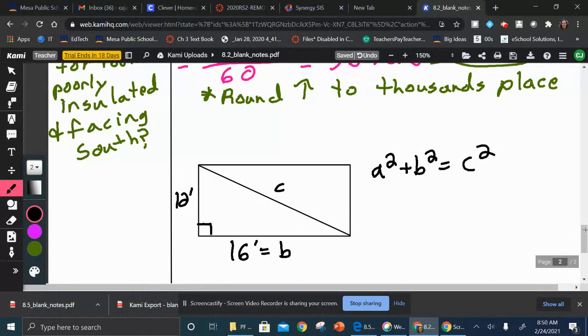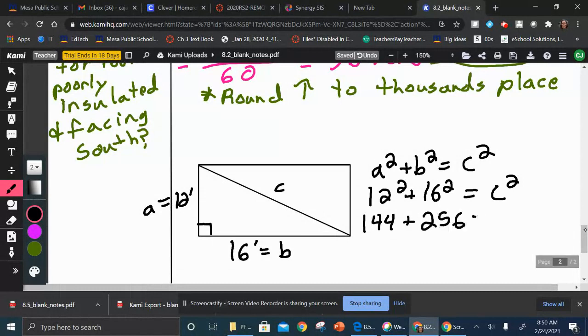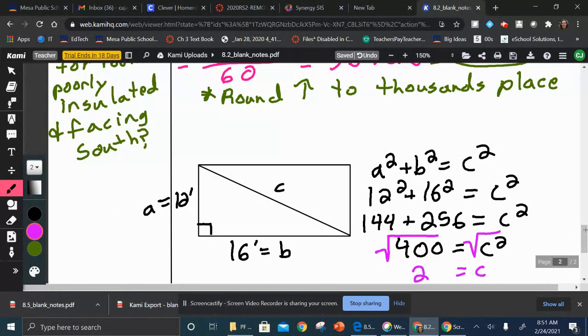Be a nice rectangle. So we're going to use 12, that's going to be A, and 16. We're going to use the Pythagorean theorem: 12 squared plus 16 squared is equal to C squared. 12 squared is 144. 16 squared is 256. We're going to add those together to get 400. Okay. And now, everybody, we take the square root. Got to get to the root of the problem. And we get that it's 20.